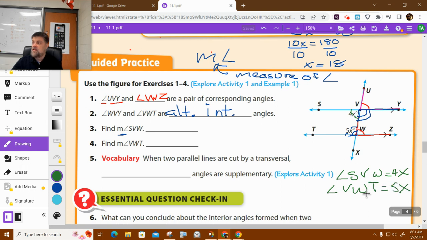Well, what do we know about same side interior angles? We should know that the same side interior angle SVW plus the angle VWT has to add up to 180.